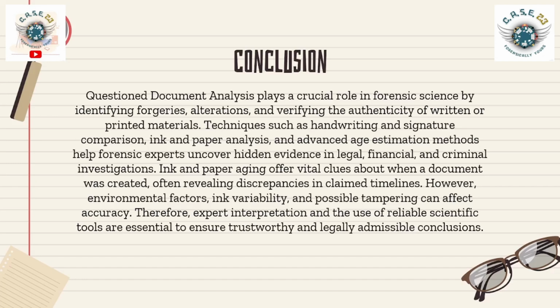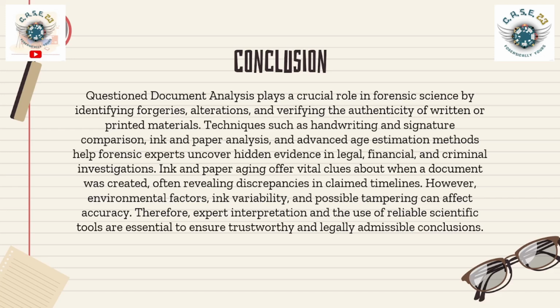So let's end this video with a quick summary. This field of forensic science, that is questioned document analysis and age estimation, plays a very important role in solving real-life cases by helping experts identify forgeries, detect alterations, and even verify whether documents are genuine or fake.